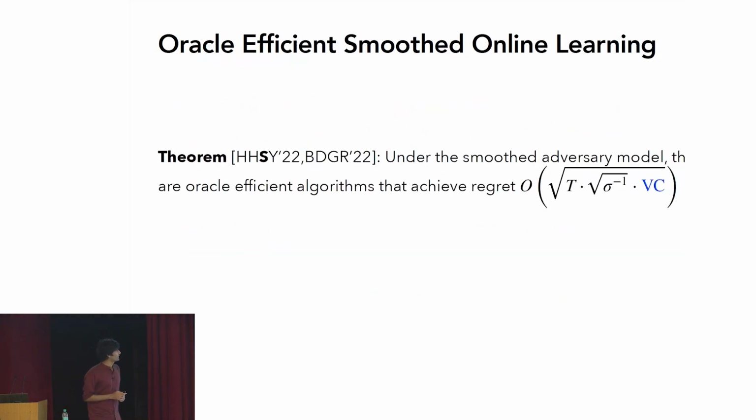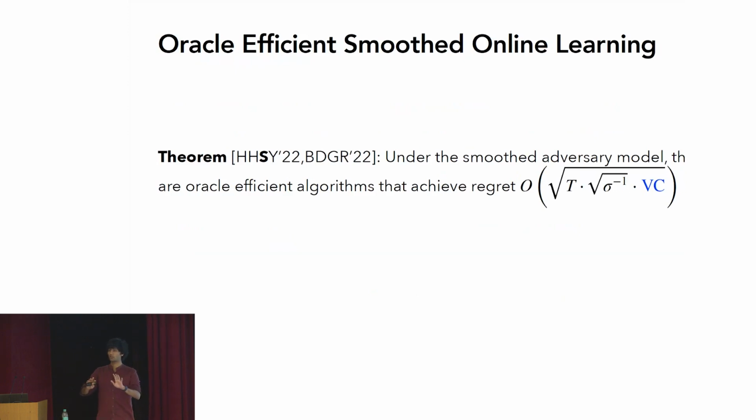Okay, so what we show is that you can achieve sublinear regret that depends only on the VC dimension in the oracle efficient model, as long as your adversary is somewhat smooth. Yes, exactly.